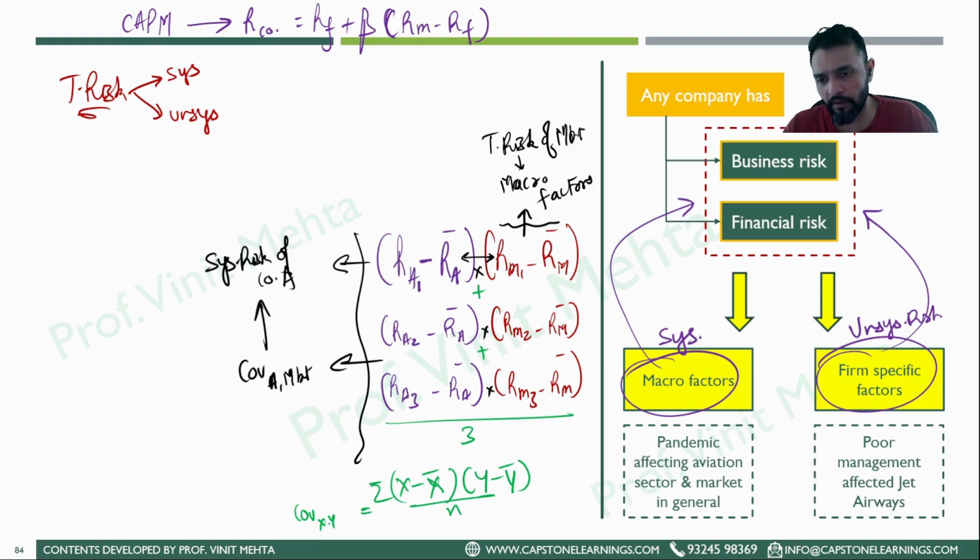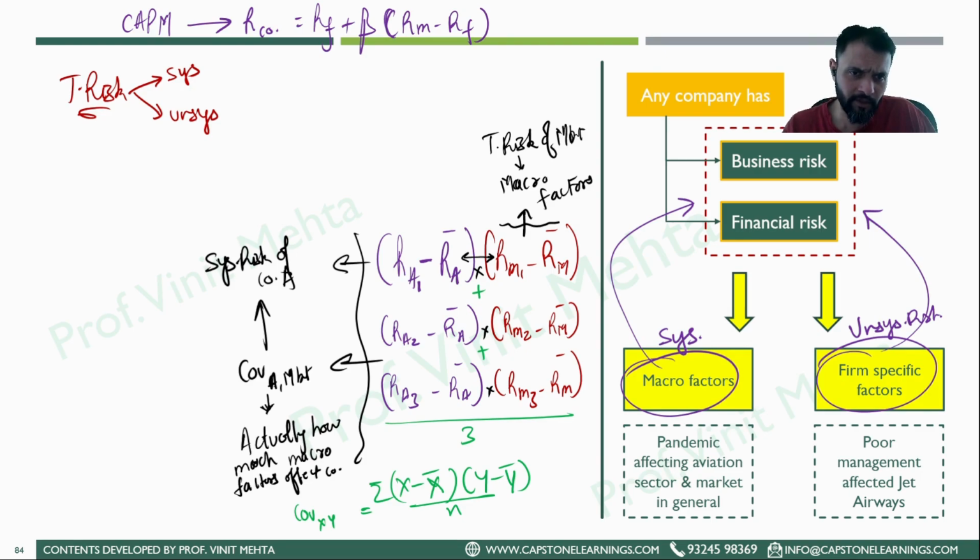So this is more like actually how much macro factors are affecting the company. By the way, this itself is systematic risk. This itself is systematic risk.